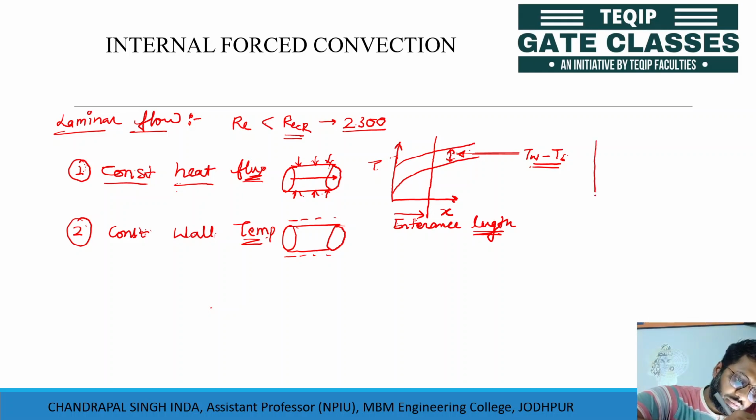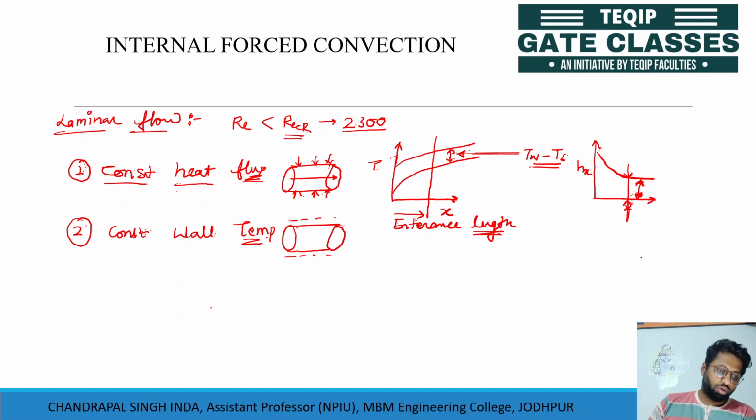Now check the variation of the convective heat transfer coefficient with x. Initially when it enters the pipe, the convective heat transfer coefficient is high as the boundary layer is thin. After the entrance length, the value of the convective heat transfer coefficient becomes constant.